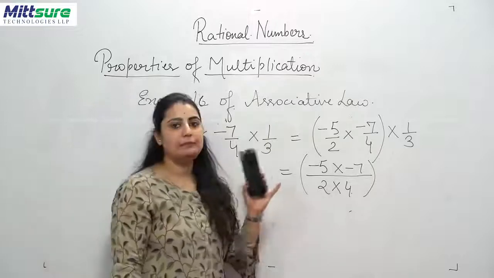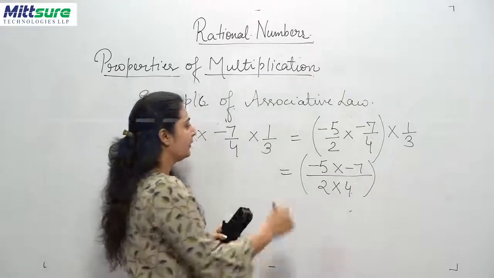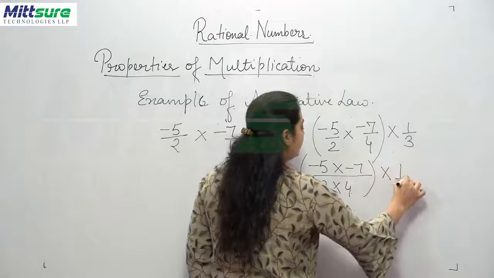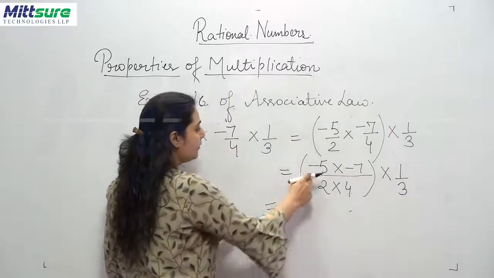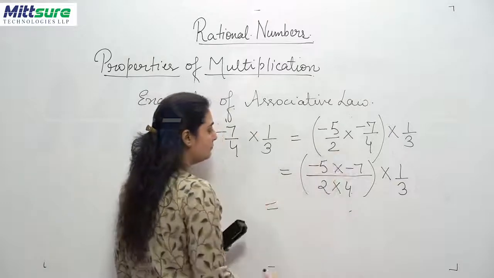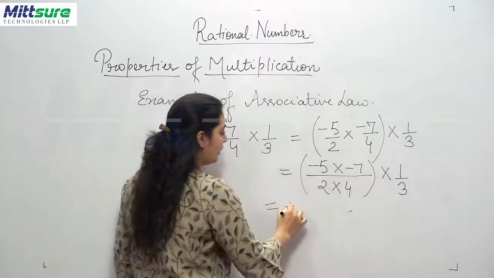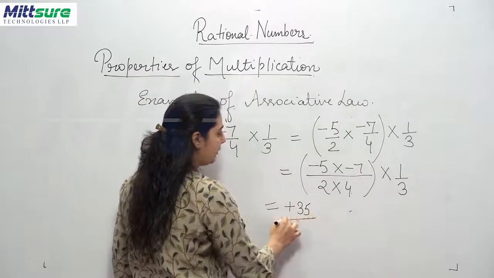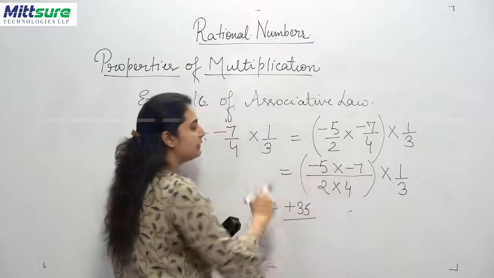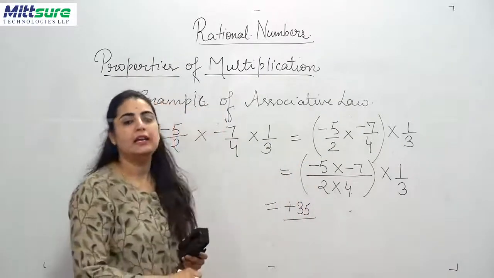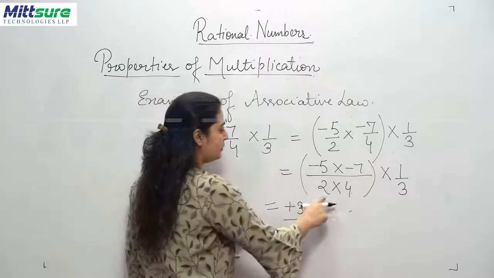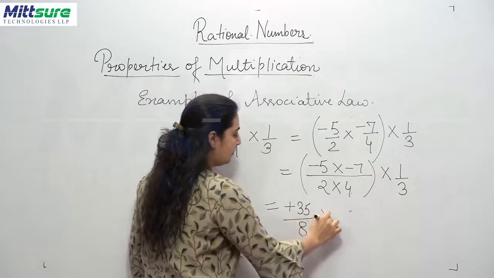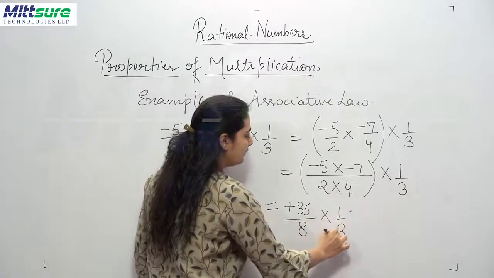The denominator is multiplying the denominator, multiplied by 1 upon 3 outside the bracket. So minus 5 into minus 7 will give you a positive 35, because when a negative sign multiplies with a negative sign, it changes to positive. 5 sevens is 35, 2 fours is 8, multiplied by 1 upon 3.